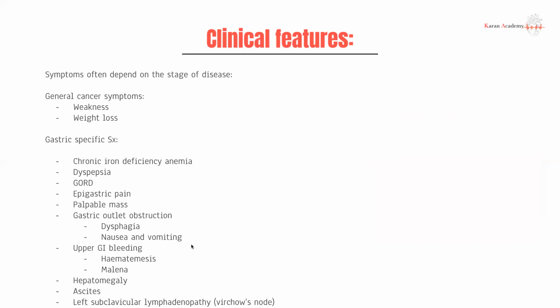The symptoms often depend on how invasive or how progressed the disease is. So your general cancer symptoms are going to be weakness and weight loss, but then we have a few gastric specific things. So let's go through this. The first one is chronic iron deficiency anemia, and this can be because of a few things.